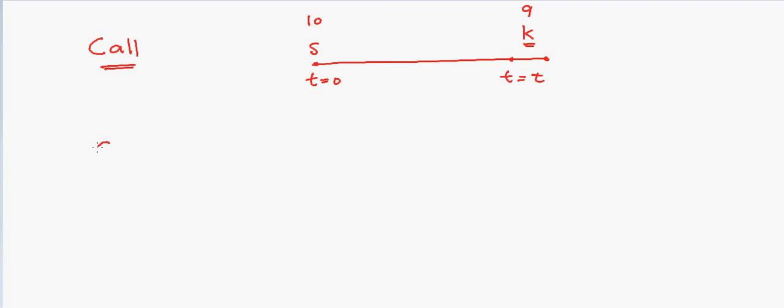So the value of the call will be equal to S minus K, right? However, K we are paying at a later time. So what would be the value of K right now? That will be equal to K minus the interest.